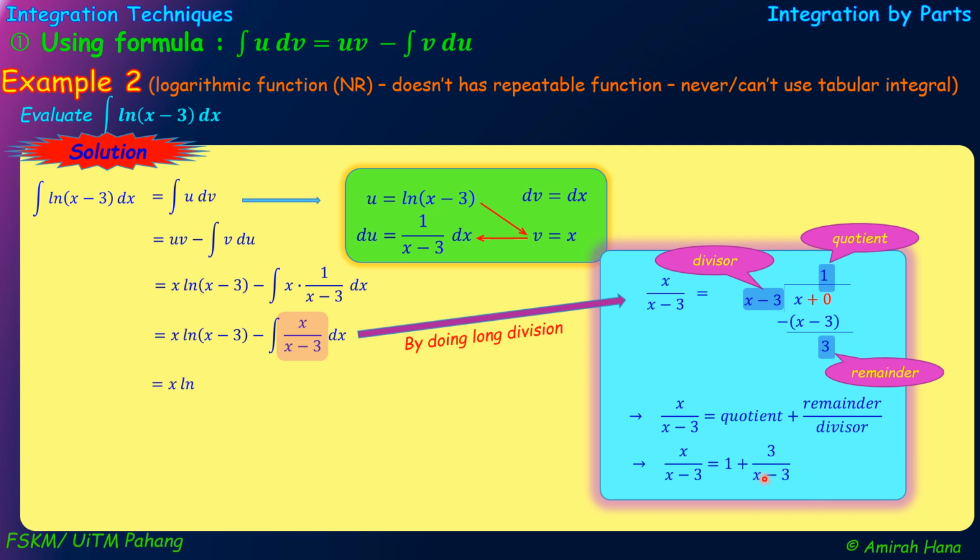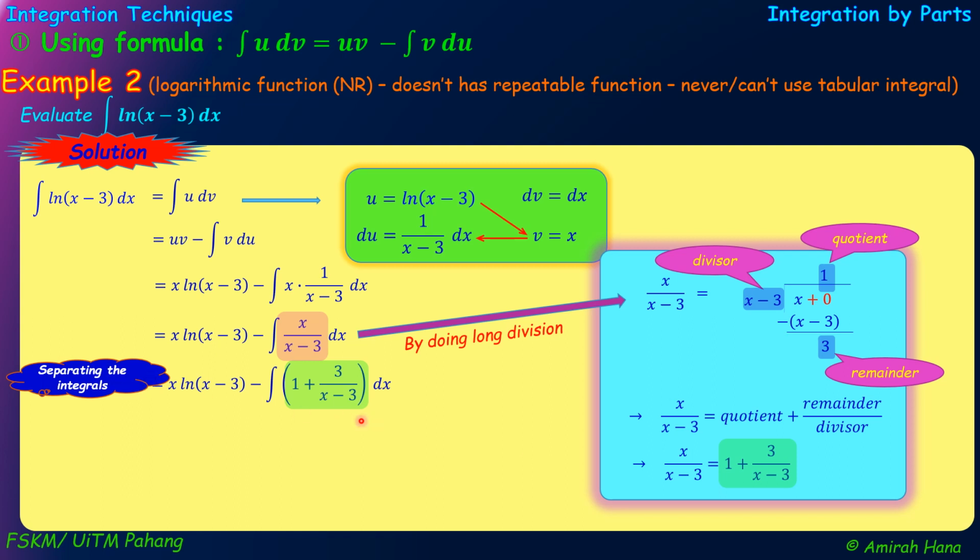Okay, so from here, we can write x ln x minus 3 minus, we still have the integration symbol because we have not integrated yet, and then x over x minus 3, which we replace by 1 plus 3 over x minus 3 using the long division method, right?